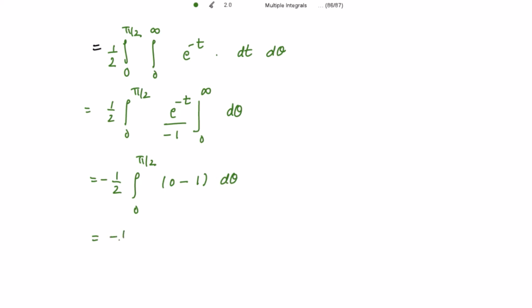So this is minus 1 over 2, and the simple integration for d theta, and this negative cancels out with this, so it becomes positive. So this is equal to 1 by 2 theta, with limits from 0 to pi by 2. And this is equal to 1 by 2 times pi by 2 minus 0, which is finally pi over 4.